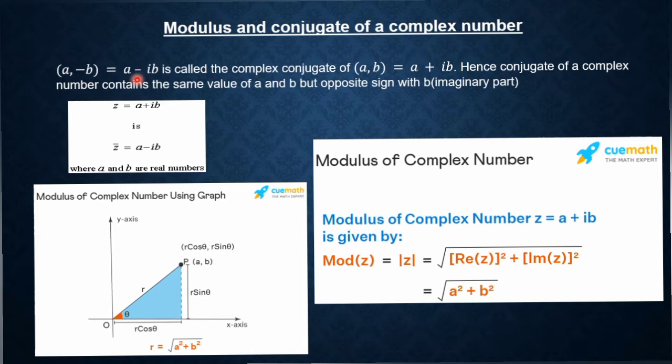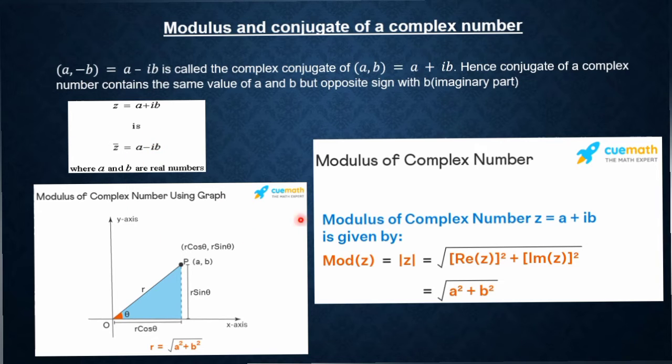That is, if I change the sign of b, the imaginary part, it becomes the conjugate. Here you can also understand a plus iota b and a minus iota b, where a and b are real numbers and iota is the imaginary unit, so b is the imaginary part.